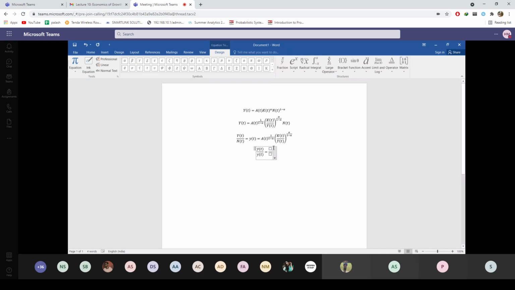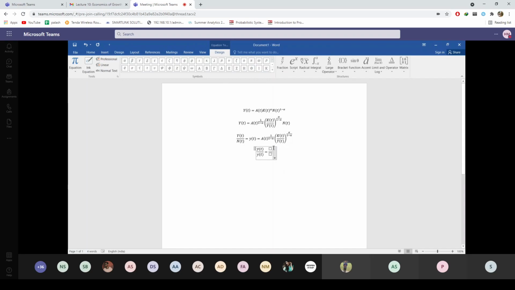One over 1 minus alpha multiplied by A dot over A, which is nothing but what he said.